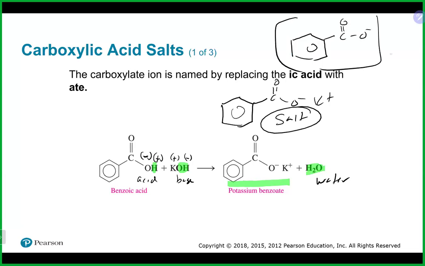And these guys aren't bonded together through sharing of electrons. This is just that ionic interaction of opposites attracting each other. So the potassium here is what's known as a spectator ion. It's just floating around the solution, not really doing anything, just balancing out the charge of the solution.